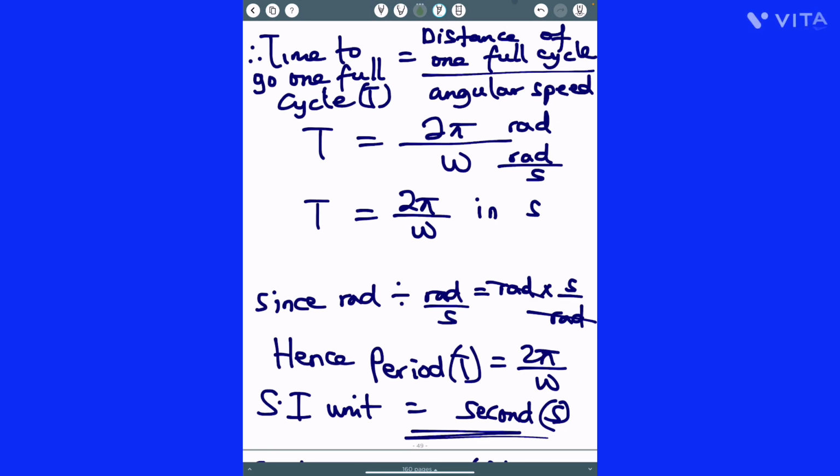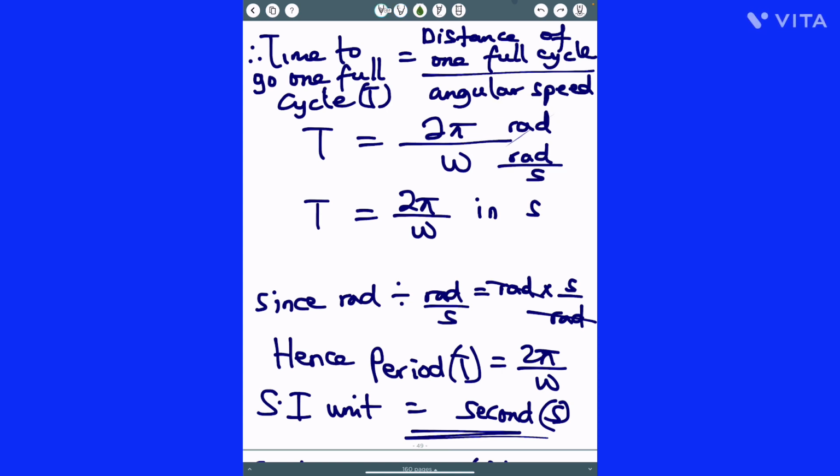That means time to go one full cycle will be equal to distance of one full cycle over the angular speed. That's 2 pi over W. If you look at the units, radian will divide radian and second will go up. So you have your answer in seconds.